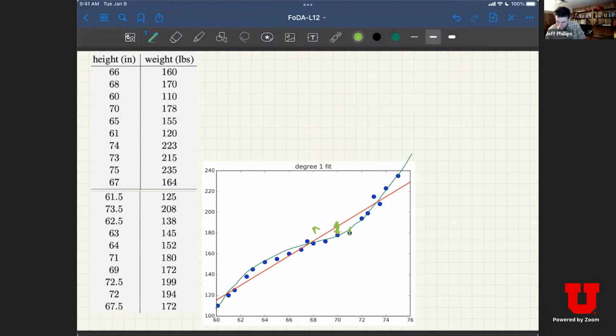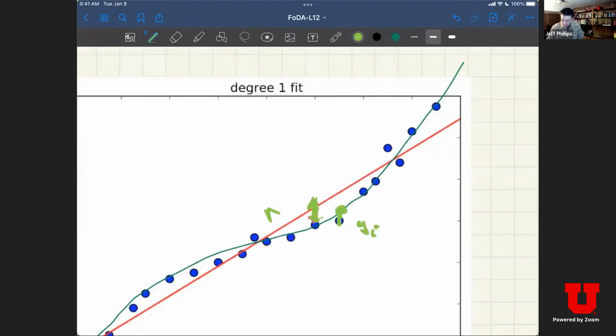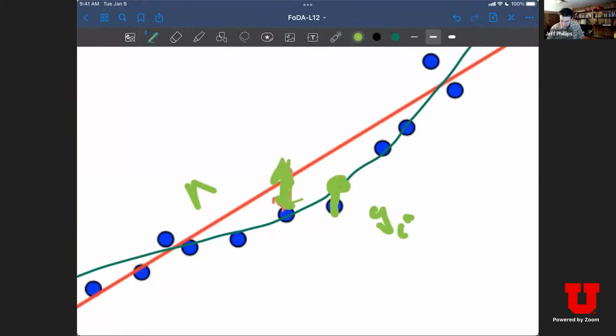It's the distance from here to the value I would predict. So this is, say, y_i, and this value here is y_i hat.